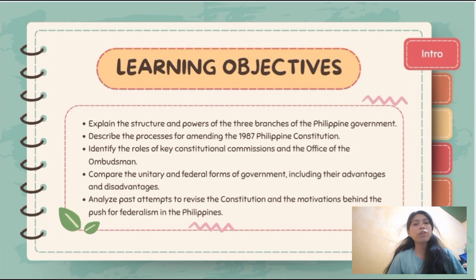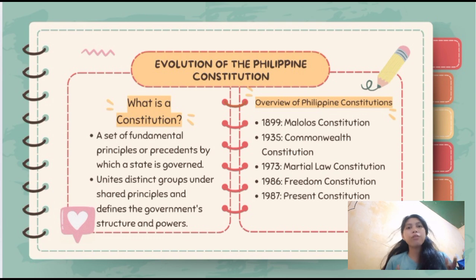Compare the unitary and federal forms of government, including their advantages and disadvantages. Analyze past attempts to revise the constitution and the motivations behind the push for federalism in the Philippines.